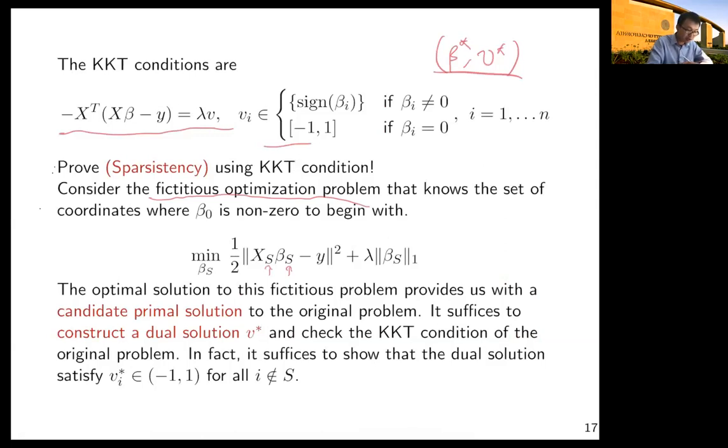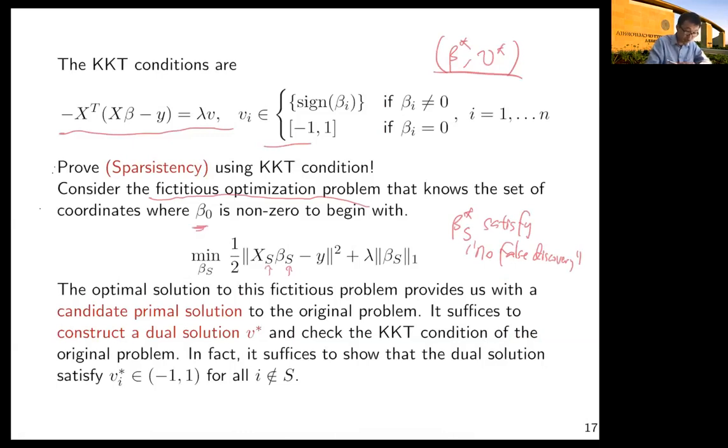And naturally, the optimal solution, let's call it beta star of S, satisfies the no false discovery. Any non-zero elements of beta star S correspond to coordinates where the generating coefficient beta 0 is non-zero.